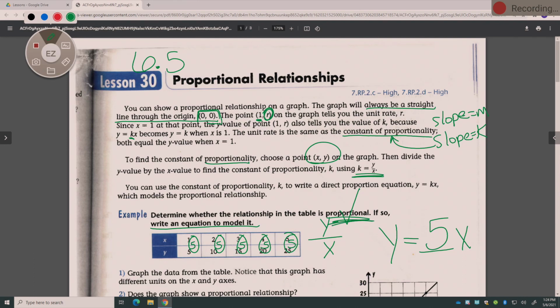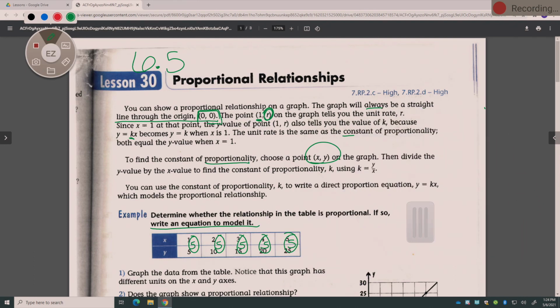If the table is not proportional, you need to do y2 minus y1 over x2 minus x1. So if a table is not proportional or a line is not proportional, this is what we have to do to find slope. But as soon as they tell us that it is proportional, then we're able to use that shortcut. It's just y divided by x.